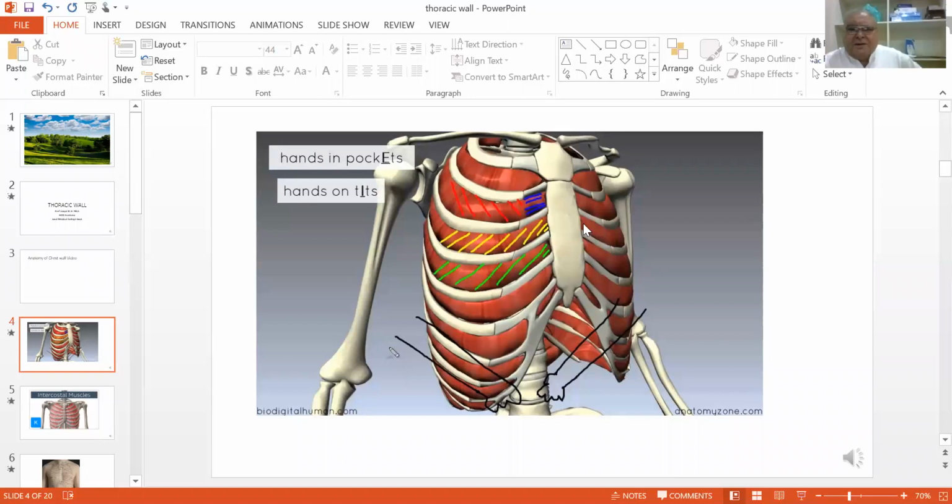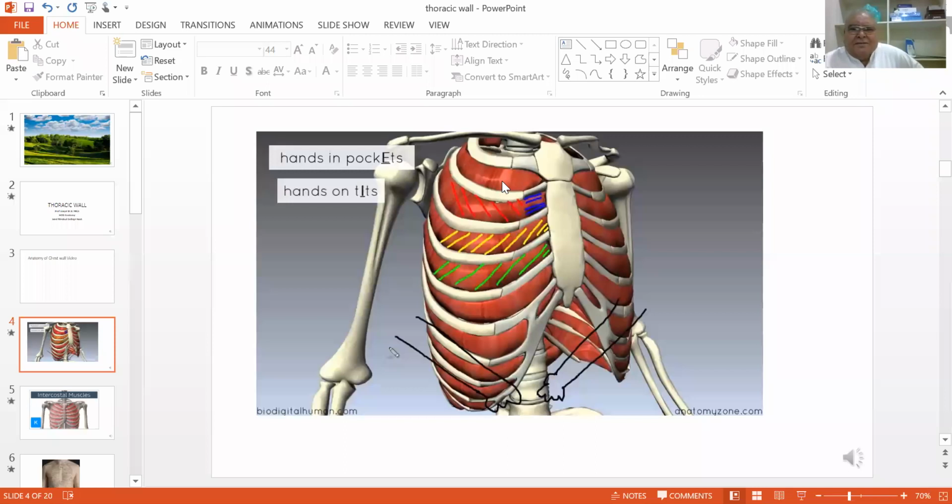The atypical rib. And these, I told you, the 8, 9, and 10, are the false ribs. And these two, this one, are the floating ribs. So now we are concentrating on the muscles. There are three muscles here.